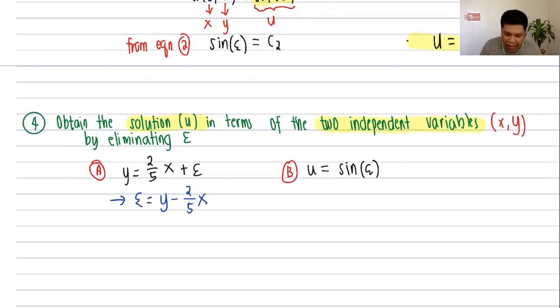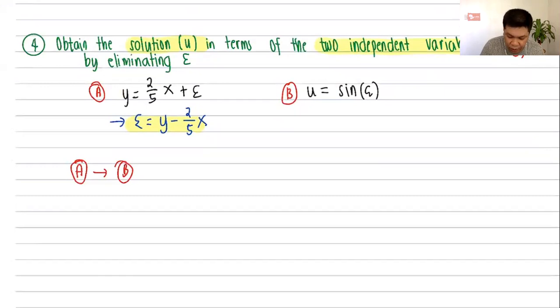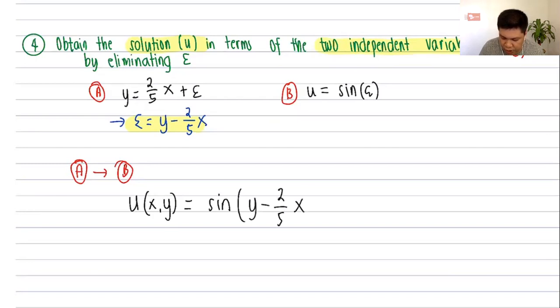Therefore, if I plug in equation A, which is already in terms of y and x, into equation B, my final answer would be u, which is now a function of x and y, is equal to sine of, instead of epsilon, I know that epsilon is y minus 2/5 x. So that is the solution to example 7.1.